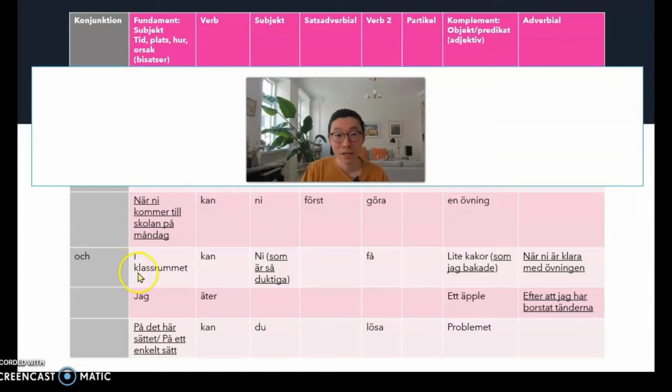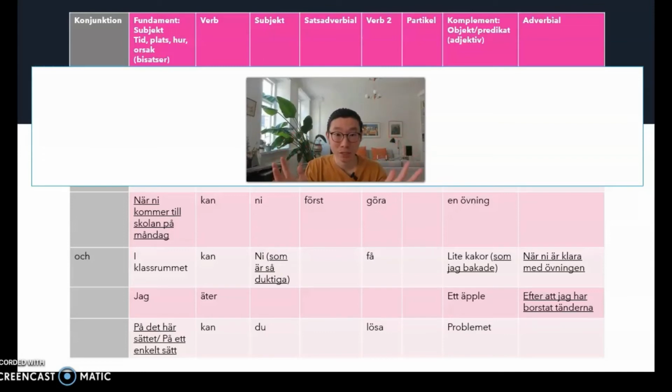Och i klassrummet kan ni som är så duktiga få lite kakor som jag bakade när ni är klara med övningen. And in the classroom, you who are so diligent, can get some cookies that I baked when you are finished with the exercise. So now you realize you who are so diligent, it's actually a part of the sentence structure.